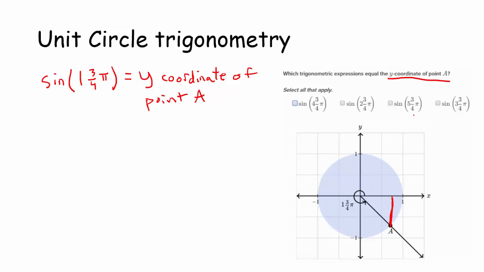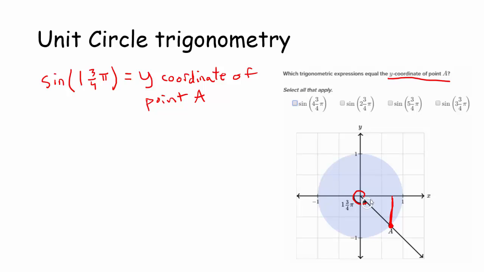Notice all these angles are bigger than 1 3/4 pi. So the concept this problem is testing is that if I'm at this point on the unit circle, from standard position all the way around to here, 1 3/4 pi, and I go around another 2 pi, I would wind back up right where I left off.